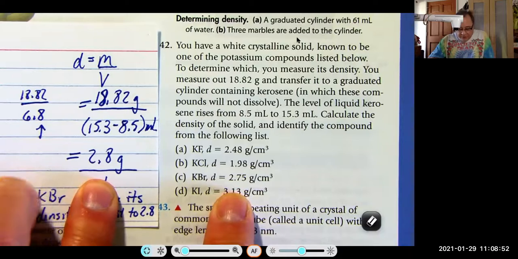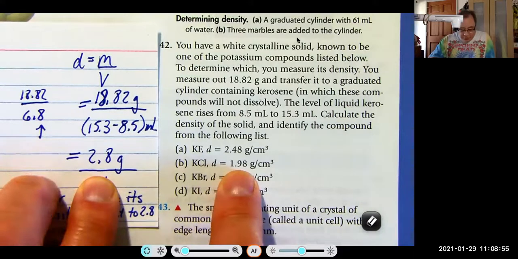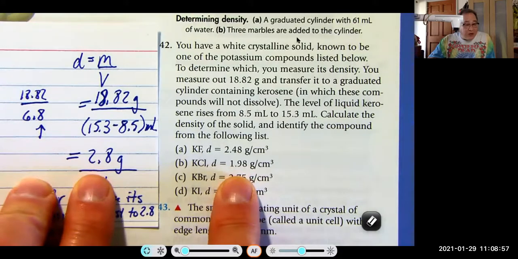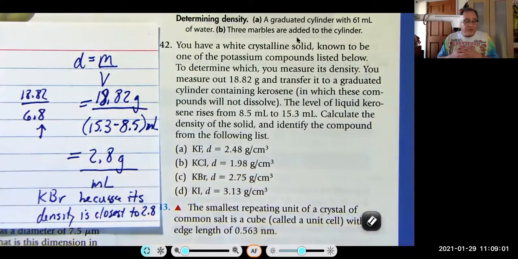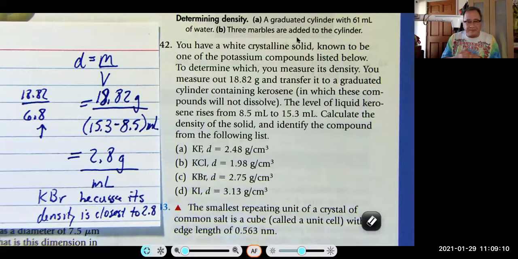And if it were KCl, you would do 2.8 minus 1.98 over 1.98 times 100%. And you would find out which one had the smallest percent error, because that one would be more accurate, and that would be numerically justifying which is the correct answer. So good question. I'm glad you asked it. Did I take care of that concern? Excellent. Okay, well, let's move on.